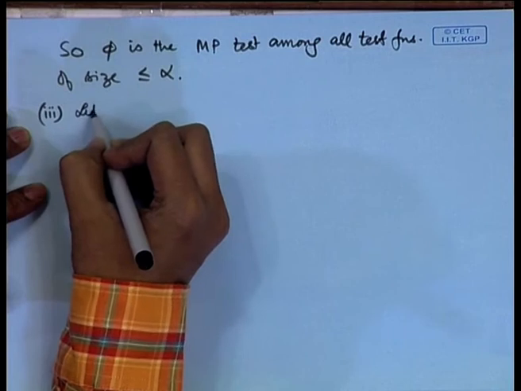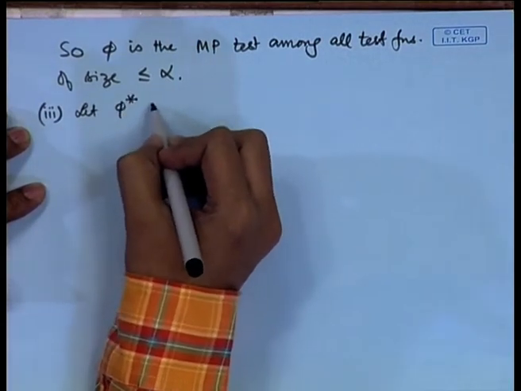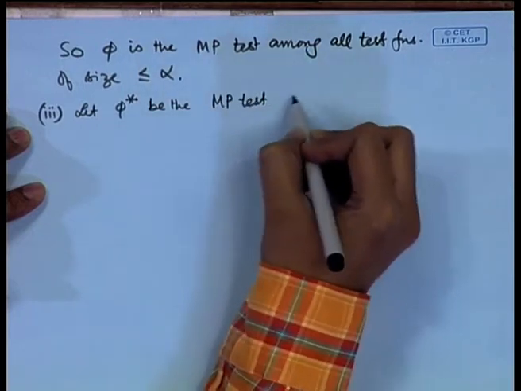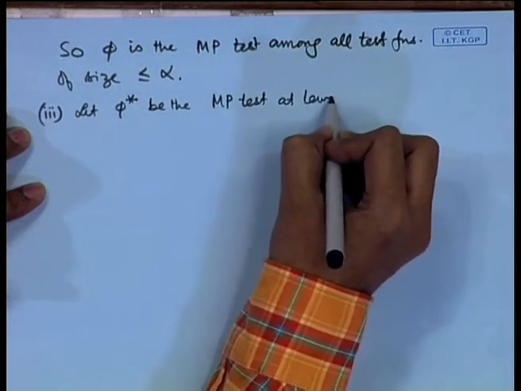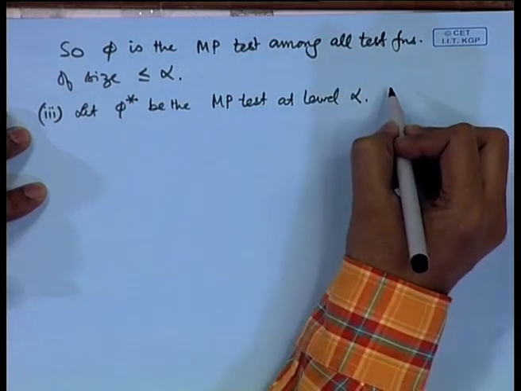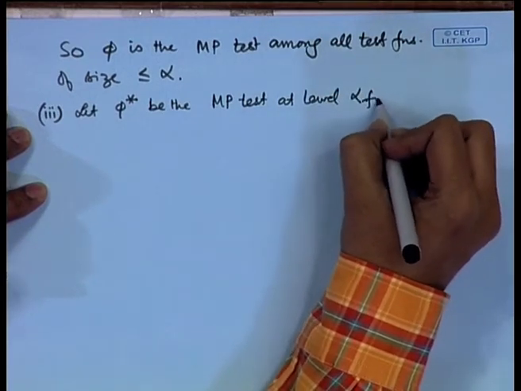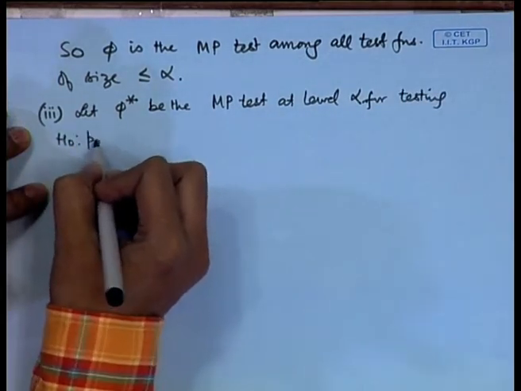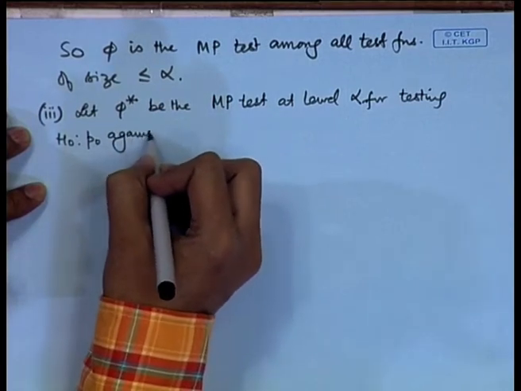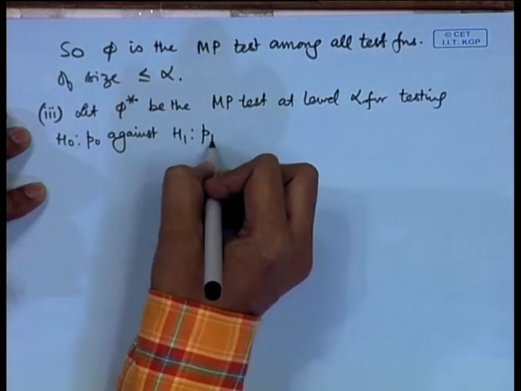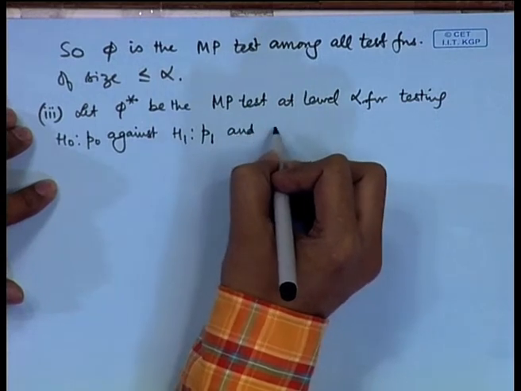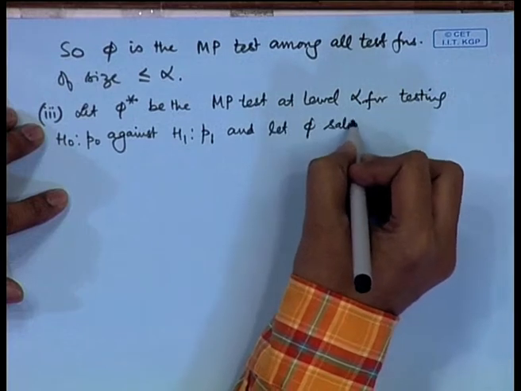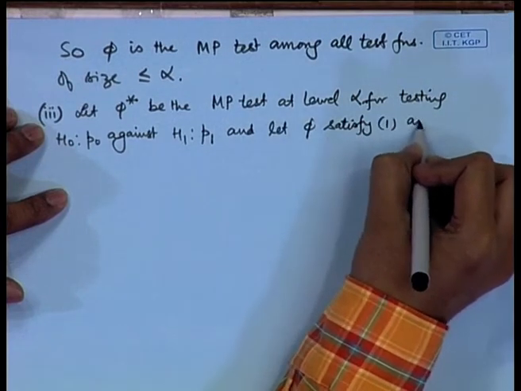So, let phi star be the most powerful test at level alpha for testing H naught: P naught against H1: P1, and let phi satisfy 1 and 2.